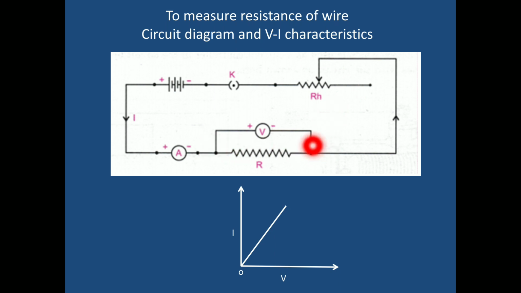The voltmeter is connected in parallel to the resistor so that it will measure the potential difference across its ends. The ammeter is connected in series to measure current flowing in the resistor. When the rheostat slides, the potential across the ends of the resistor varies, and as a result the current also varies. So if we plot a graph of potential difference versus current, then we get a straight line.